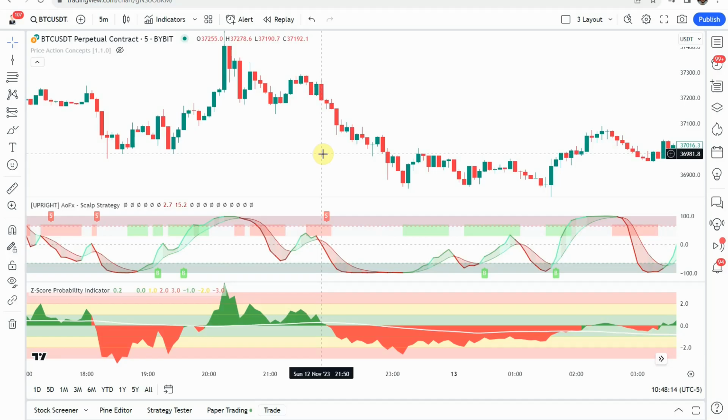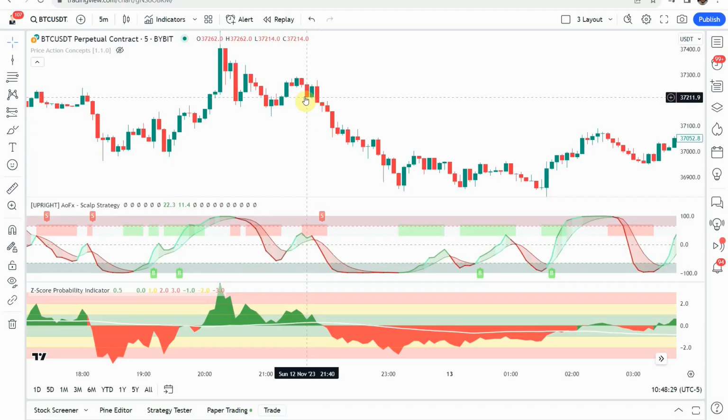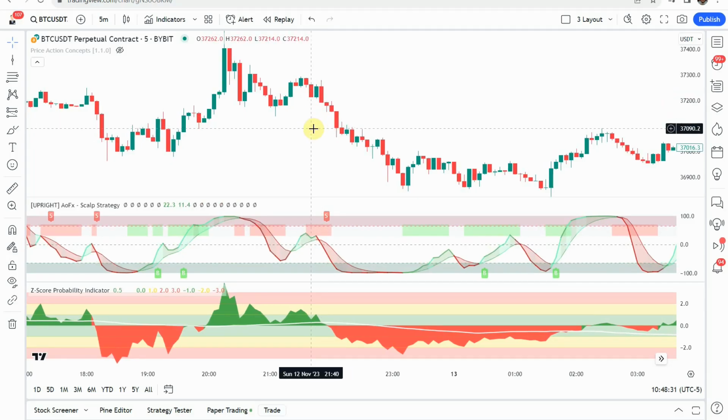Most of the trades were at right about a 1-to-1, 1.2, 1.3 risk reward. So a slightly larger risk than your take profit, but in this case such a higher win rate that it helps to offset.